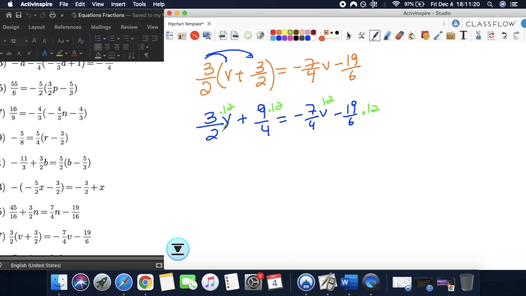Okay, so this is 18V. This is going to be 27. This is going to be negative 21V. And this is going to be negative 38. Get rid of the 21V. Let's do plus 21V on both sides.